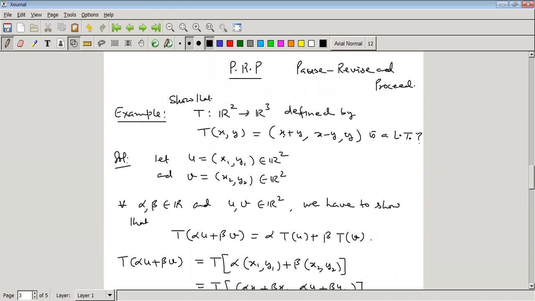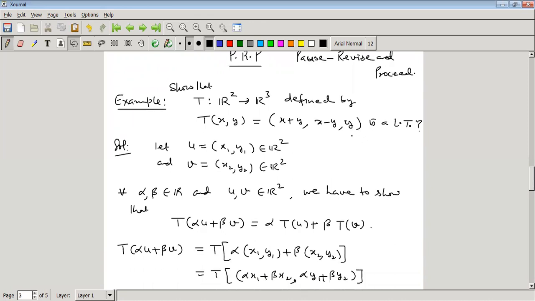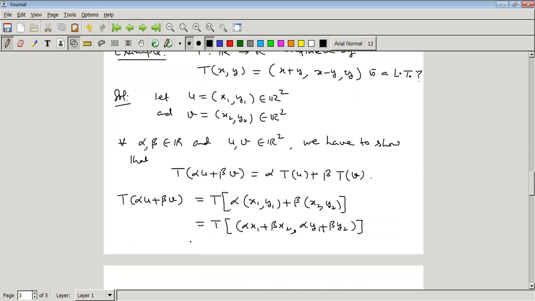T of (x, y) is x plus y, the sum of first and second coordinate, then the difference x minus y, then the second coordinate. So what is the output? We get alpha x1 plus beta x2 plus alpha y1 plus beta y2.